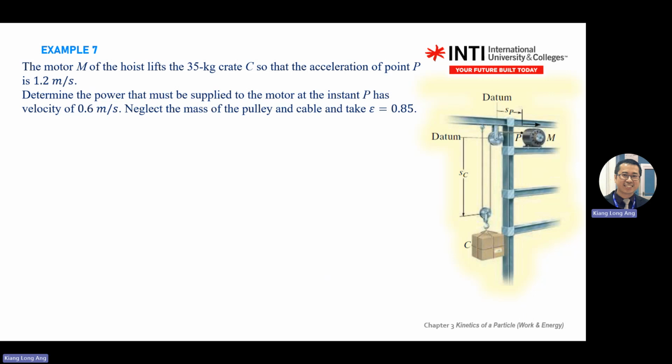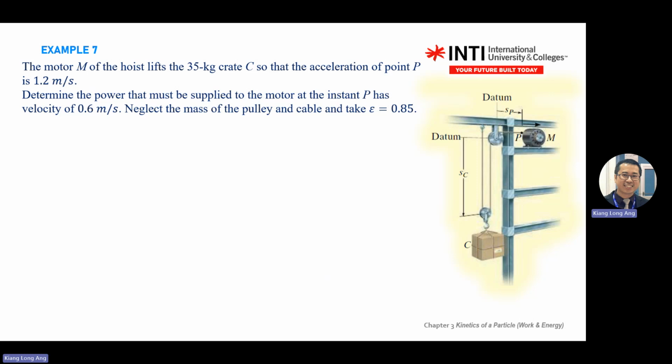Next is the application in the industry. When you go to industry, you deal with motors and all this. Motors supply in watt, right? In energy, in joule. So let's say you have a crane system. Motor M hoists a 35 kilogram crate.